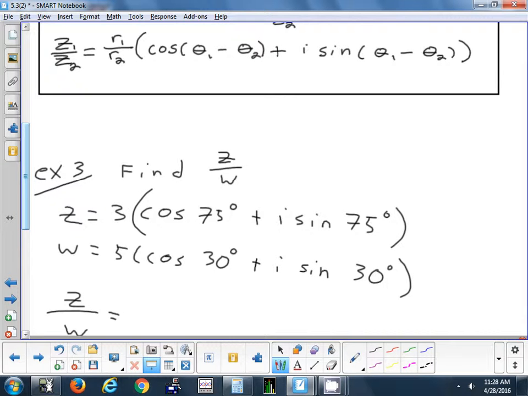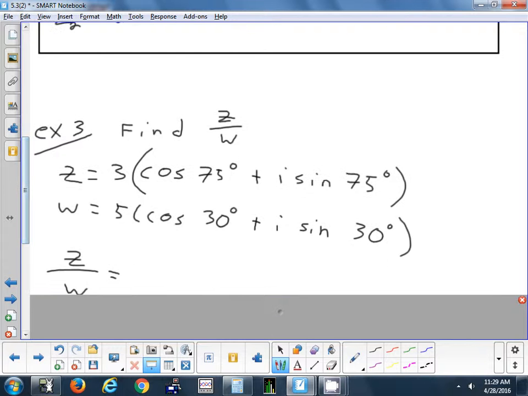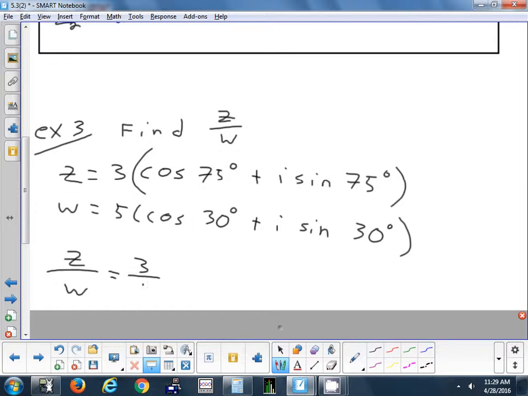Okay, when we divide Z by W, what is my radius going to be? 3/5, yeah. We don't even have to change it to a decimal. We can just write 3/5. And last step, what is my angle? 45, yep. That's it.